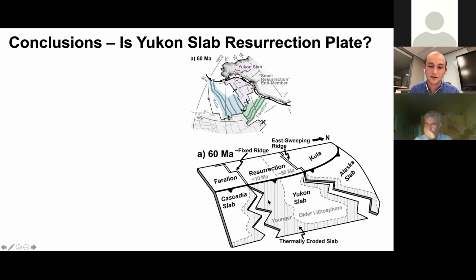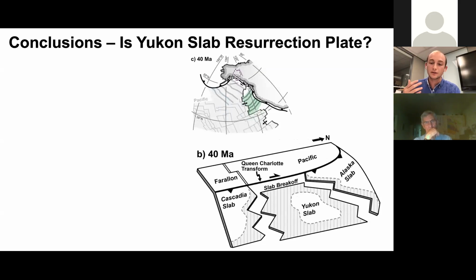We can see here that the Cascadia and Alaska slabs are obviously predicted to undergo thermal erosion, but in comparison to the Yukon slab, which is being thermally eroded from both sides and is composed of very young oceanic lithosphere, we'd actually expect the Yukon slab to be very severely thermally eroded, excluding this older section on the western half of the plate.